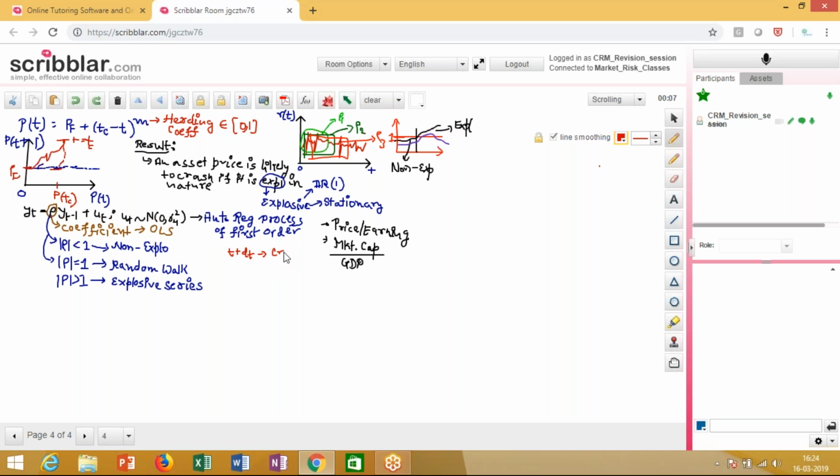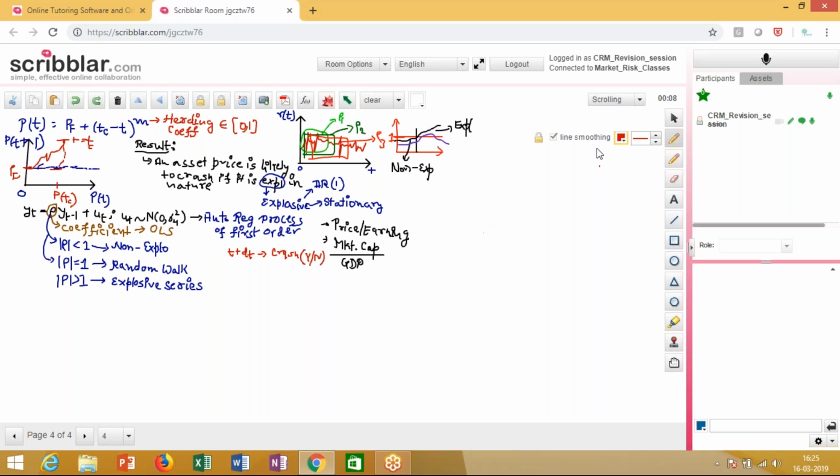So if I write it like this, crash is yes or no. So over here, our objective is to understand whether there is a looming crash or not, and how do we identify that?